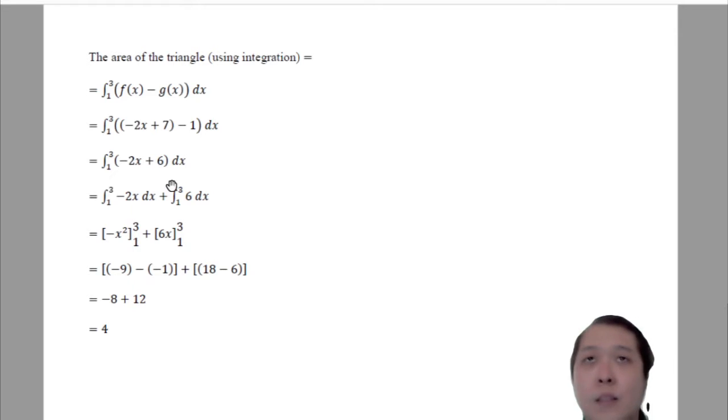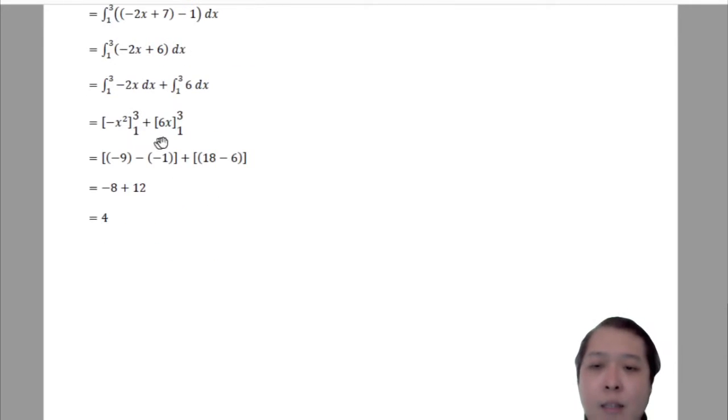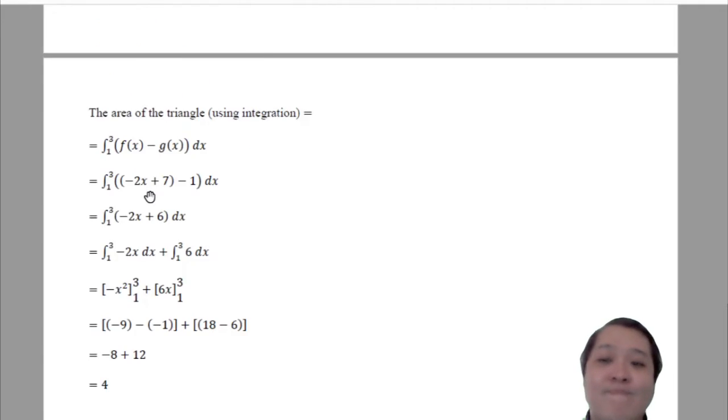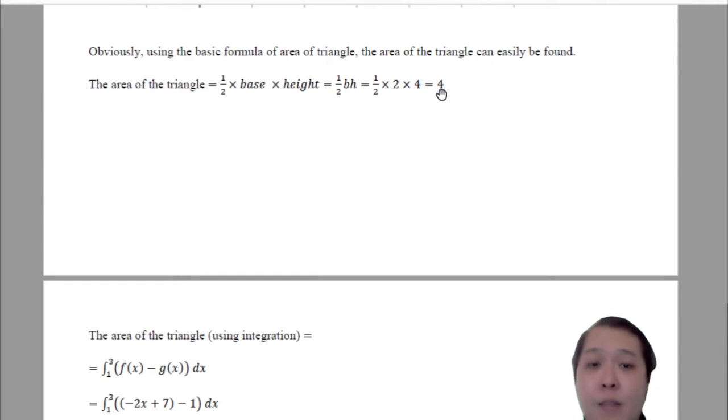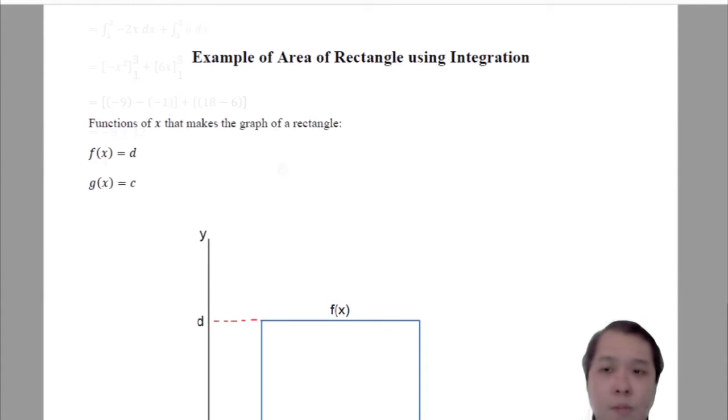You don't need substitution or something special for this integration. So you just integrate directly and then calculate. Simple. You can pause the video if you want, but I don't think you need to. Then we have 4. So yeah, it is correct. The area of the triangle is 4.